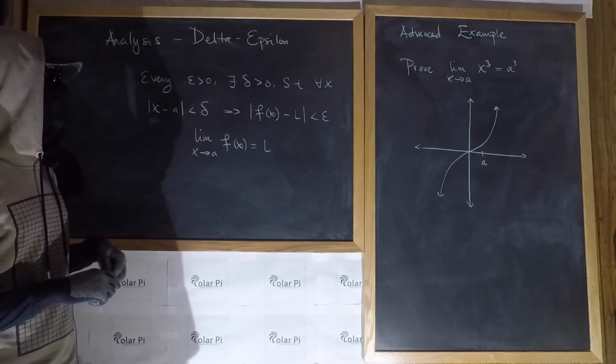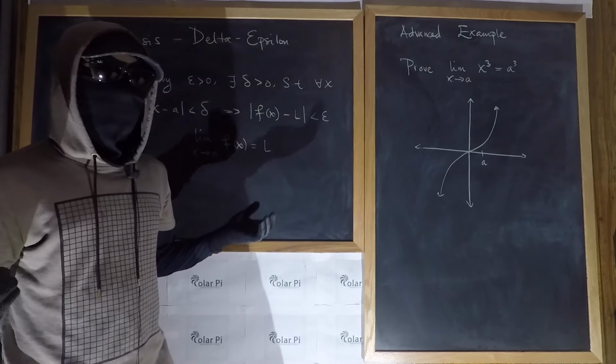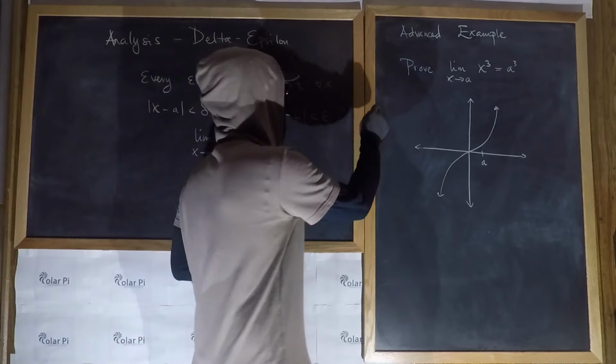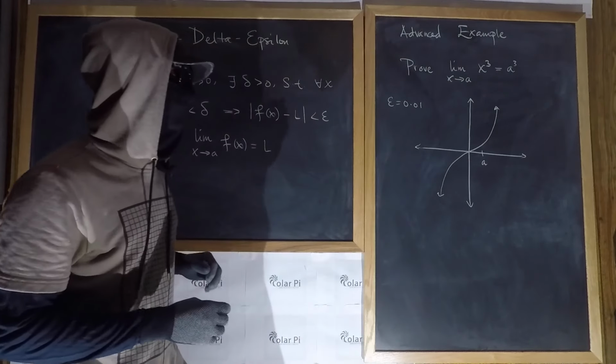What that means is that, as it says, for every epsilon greater than 0, someone prescribes you an epsilon, say epsilon is 0.01.